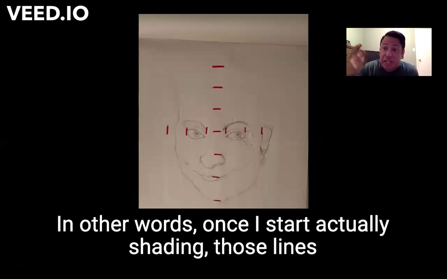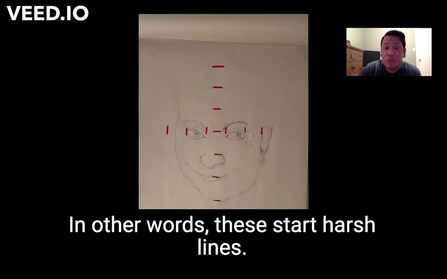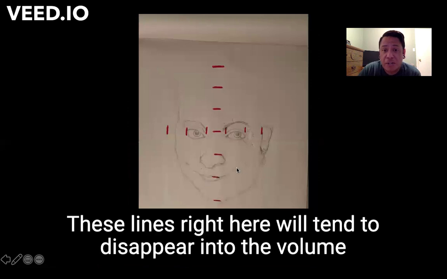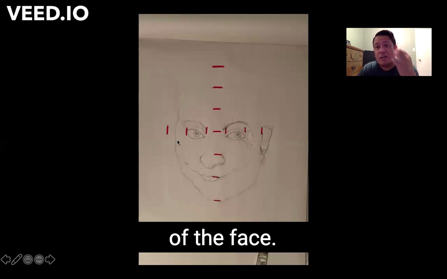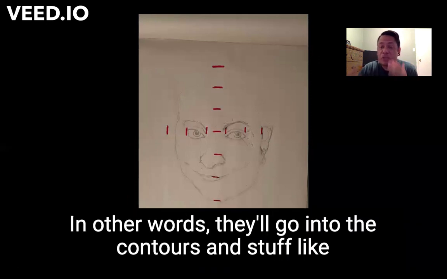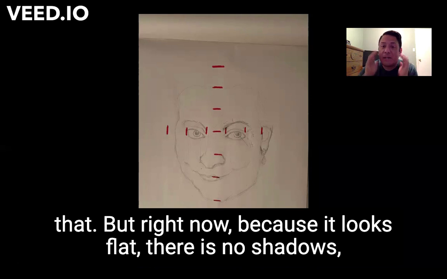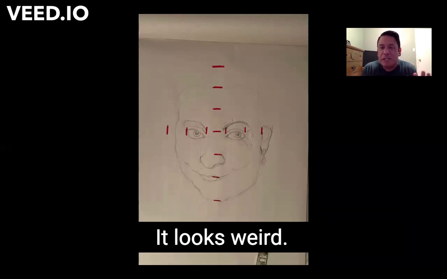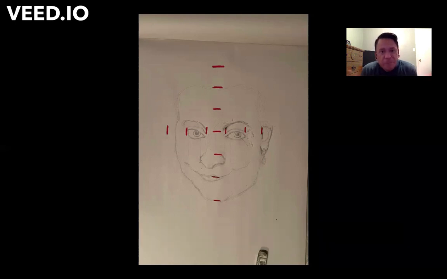Once I start actually shading, those dark, harsh lines will tend to disappear into the volume of the face, into the contours. But right now, because it looks flat, with no shadows, no shading, it looks weird. It looks like the Joker.